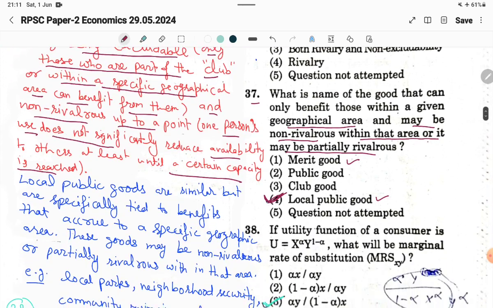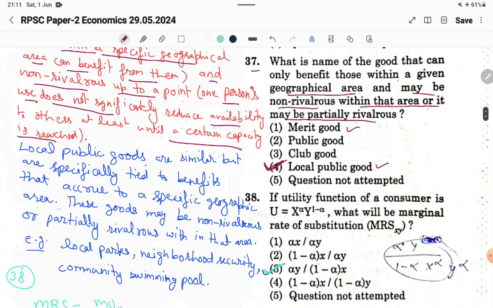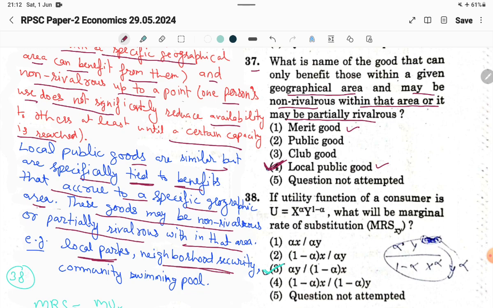And local public goods are similar but are specifically tied to benefits that accrue to a specific geographic area. These goods may be non-rivalrous or partially rivalrous within that area. Examples of local goods are local parks, neighborhood security, or a community swimming pool. So it should be the fourth answer. I think the fourth option, local public good, is the more appropriate answer.